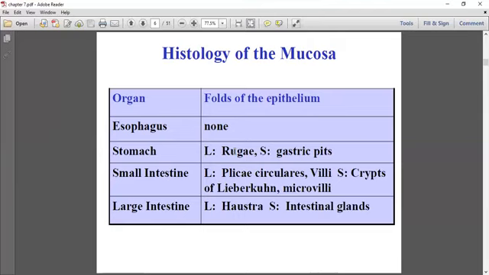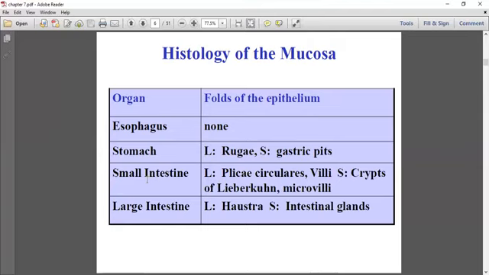Stomach, they have folds or extensions or projections emerged from the internal surface of the simple columnar epithelium called rugae, which is the rough surface of the internal lumen, and gastric pits.